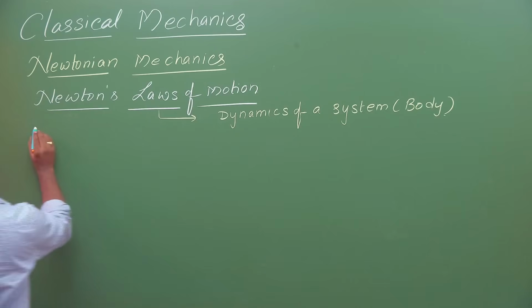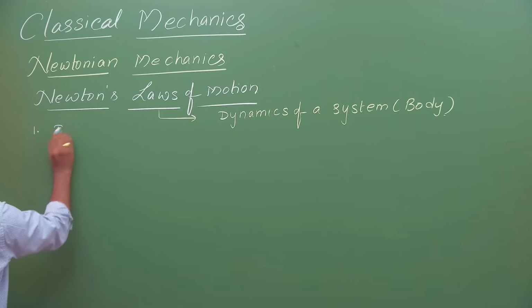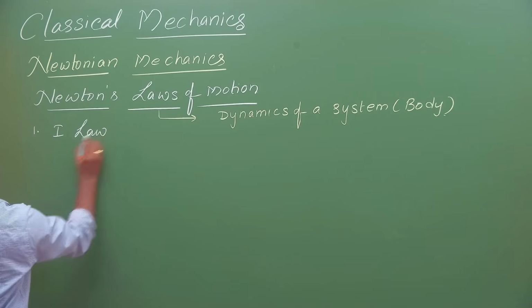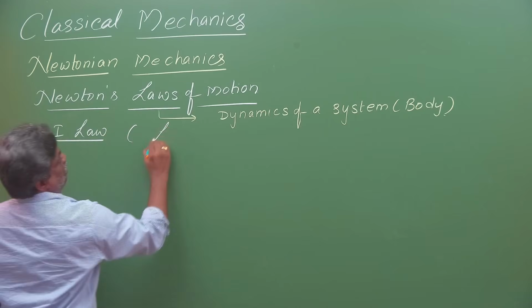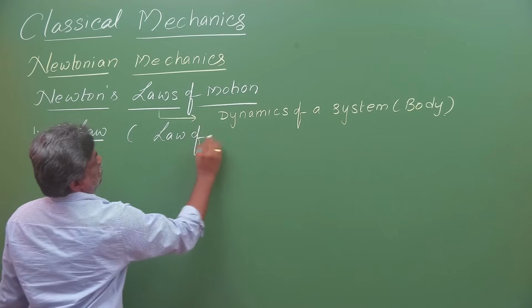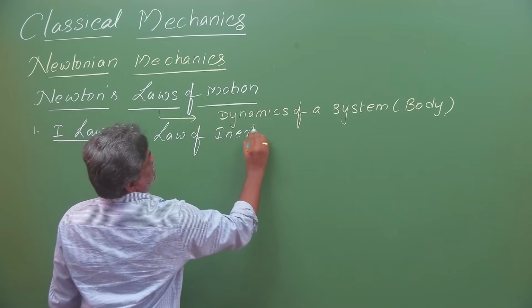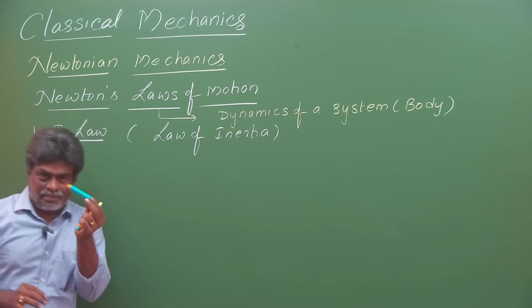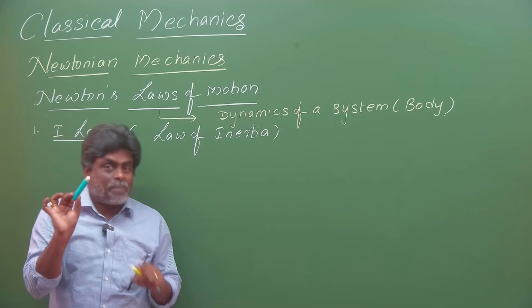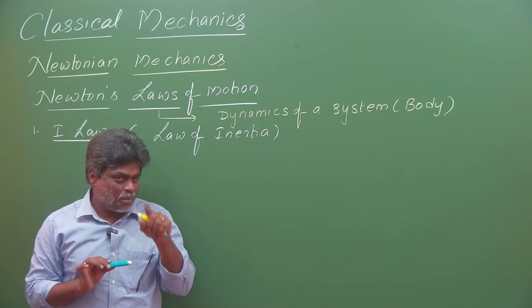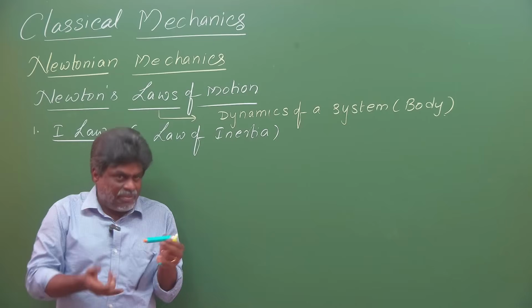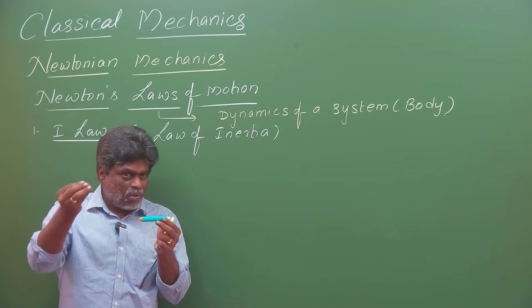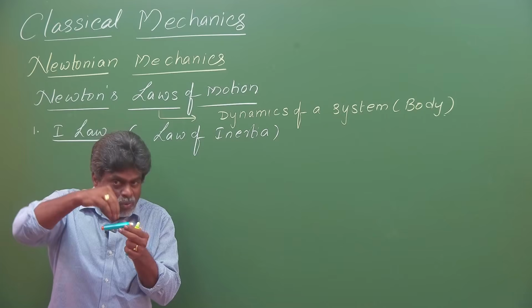Good. Let us start the first one. This is the first law. Can anybody tell me what this first law is? Law of inertia. That means, for example, there is a particle. Let us say this is a free particle. If I say free particle, there is no interaction, there is no force on this particle.